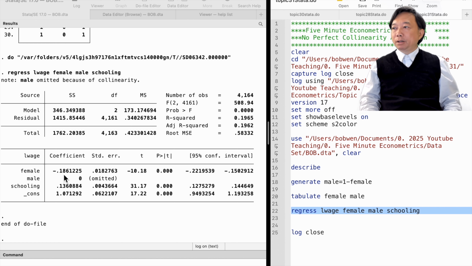It will estimate the coefficient for the female variable, which is around minus 0.19. It suggests that female workers earn 19% less than male workers on average if they have the same educational attainment. It is equivalent to saying that male workers' hourly wages are 19% higher than their female counterparts.